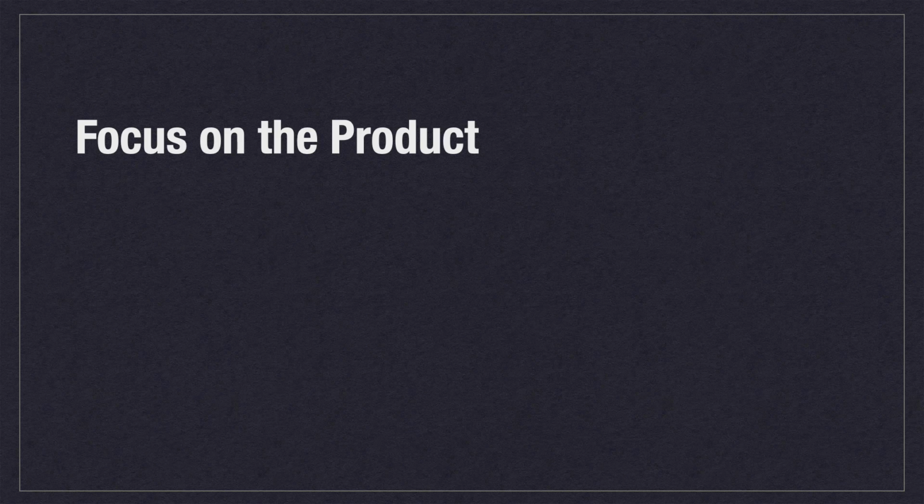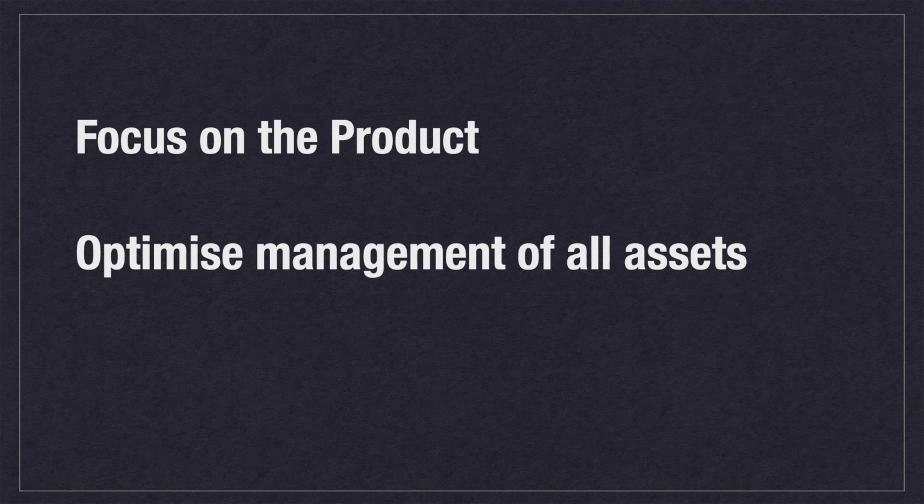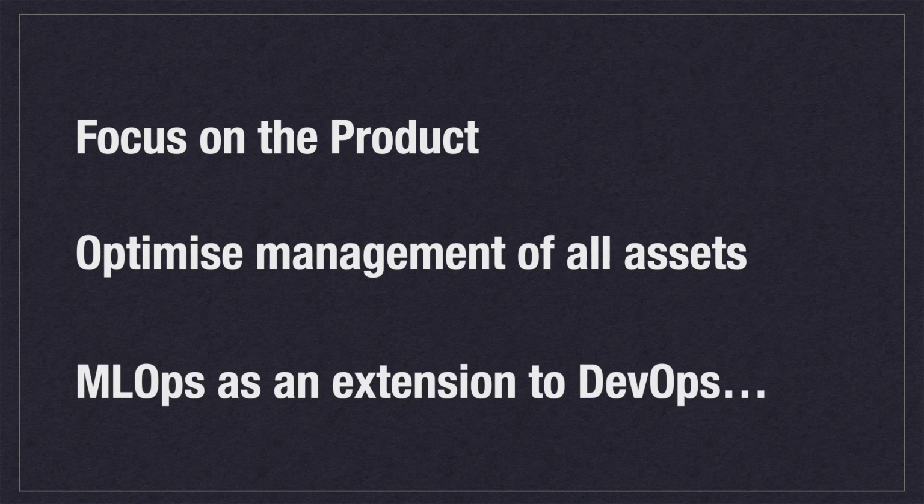So what we actually want to do if we're going to be successful as a product commercialization team is to optimize the management of all of our assets rather than optimize for machine learning or optimize for user interface or optimize for backend. We've got to think about this end to end. So realistically, MLOps needs to be considered as an extension to DevOps rather than an independent discipline.